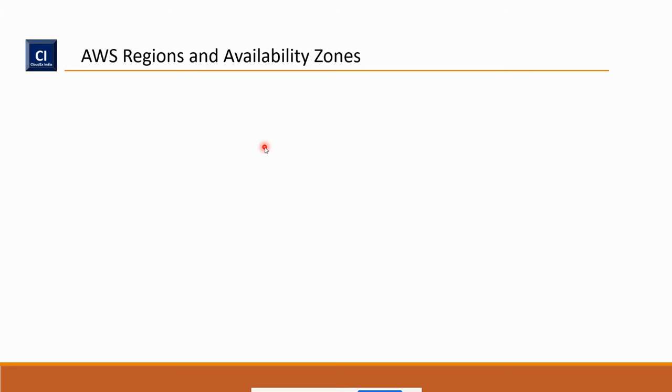Some services are available globally, like IAM and billing, and many other features. A few services are available at the region level and a few at the availability zones level. So let's see in detail what regions and availability zones are.